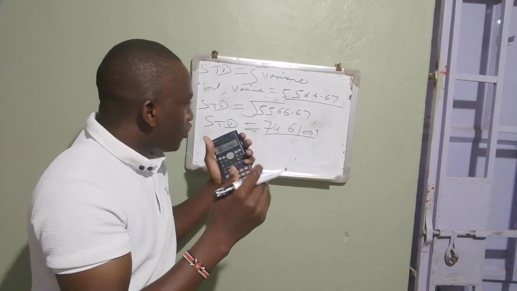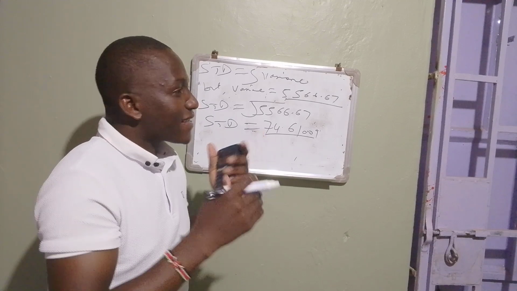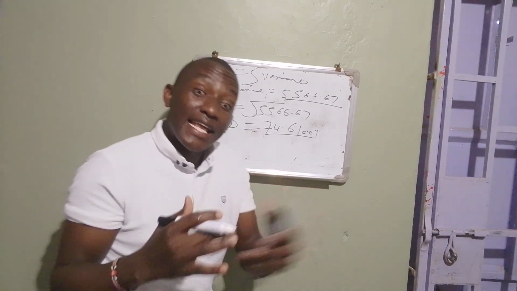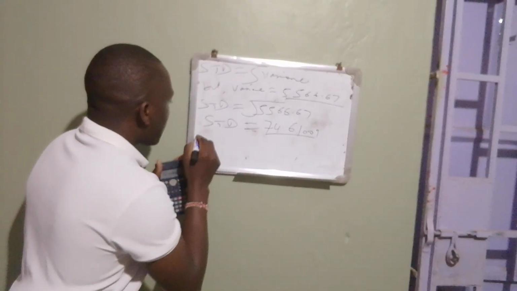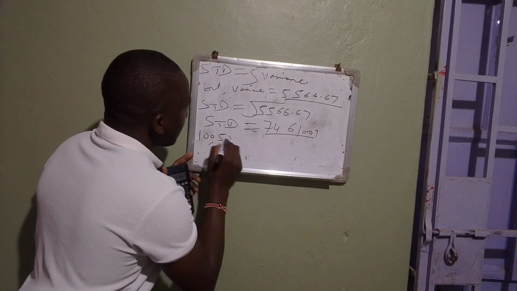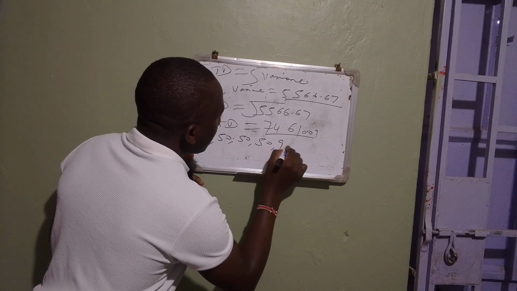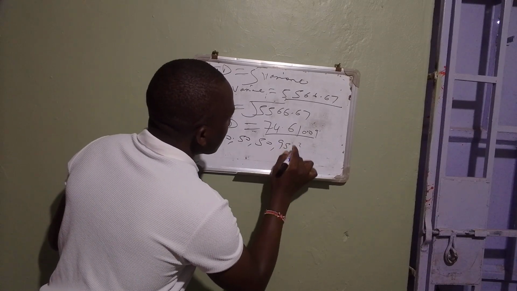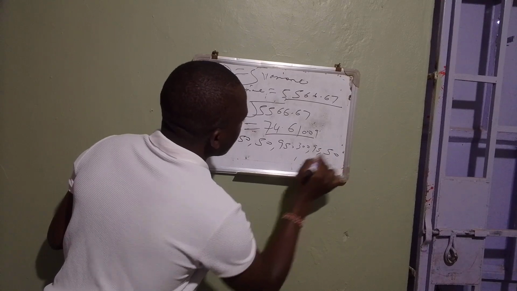The last value of the standard deviation that you have got is as a result of the auxiliary values. When you check our data set, we had differences.